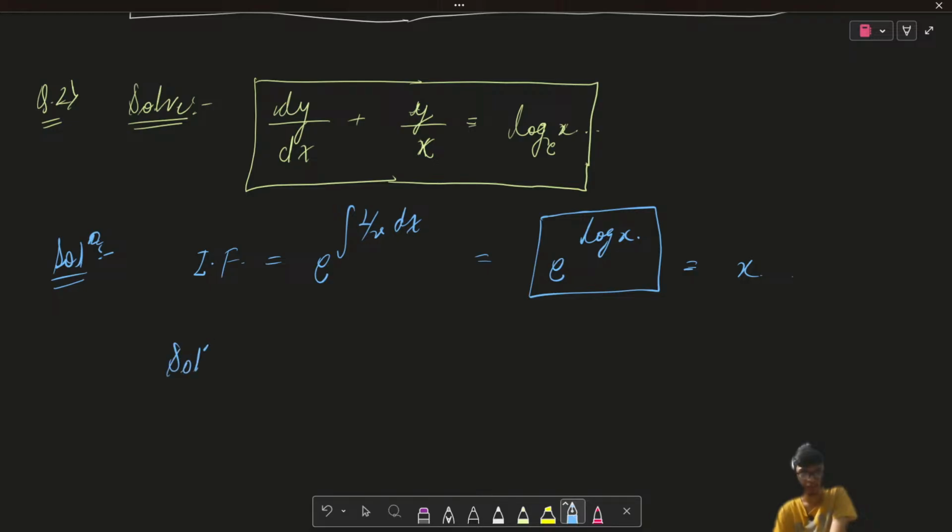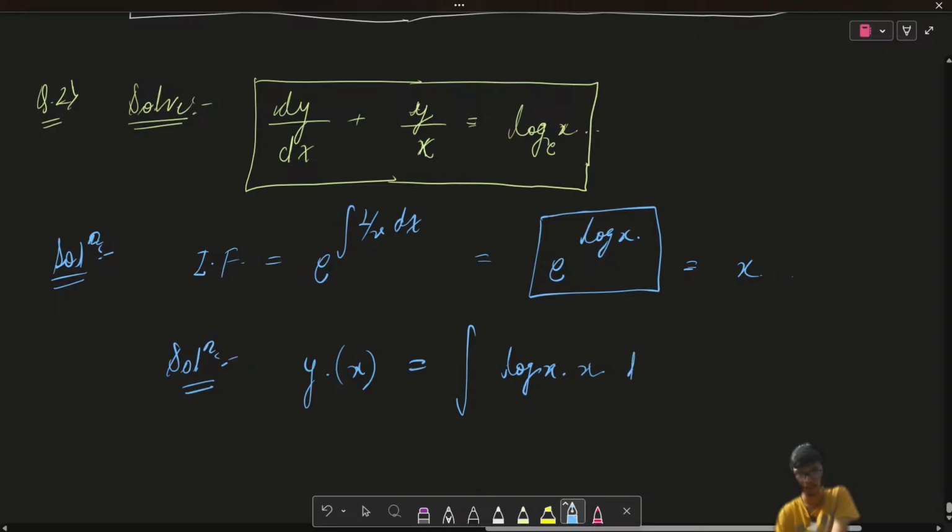Therefore, my general solution from here will look like y into the integrating factor, that is x, is equal to the integration of log x into x dx, right?